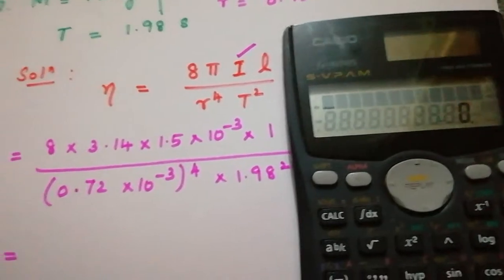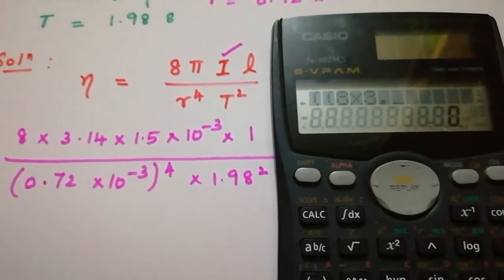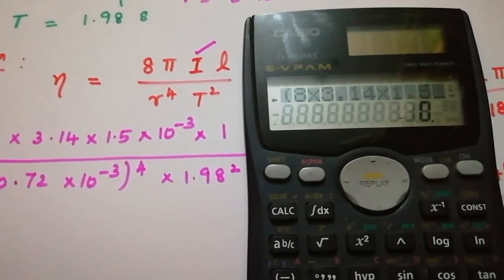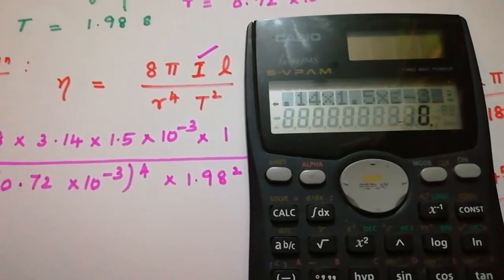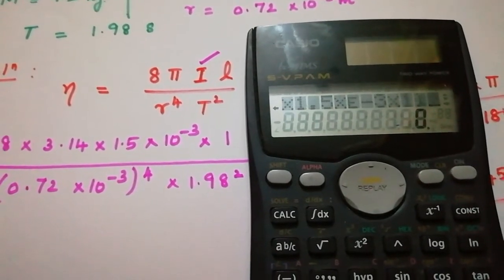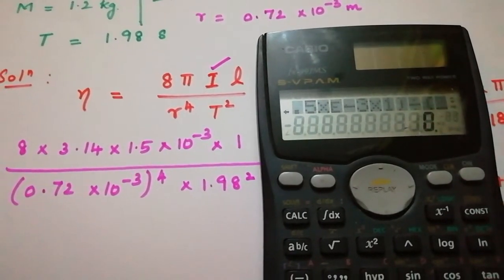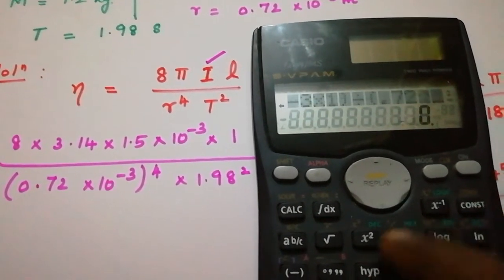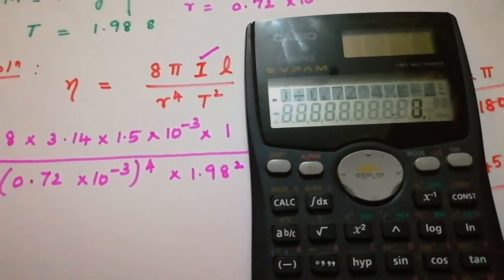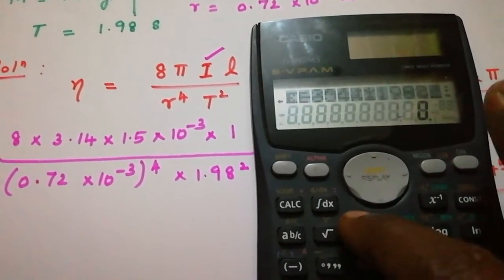Switching it on, double bracket 8 into 3.14 into the I value 1.5 × 10^-3 into 1, closing with a single close bracket, divided by, open bracket, 0.72 power 4 into 10^-3 power 4, into 1.98 square.